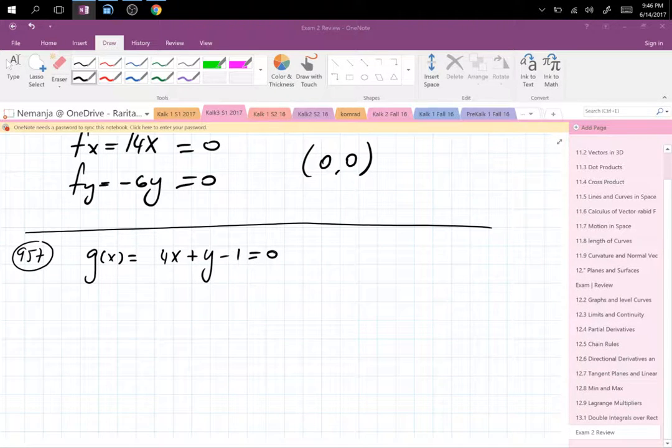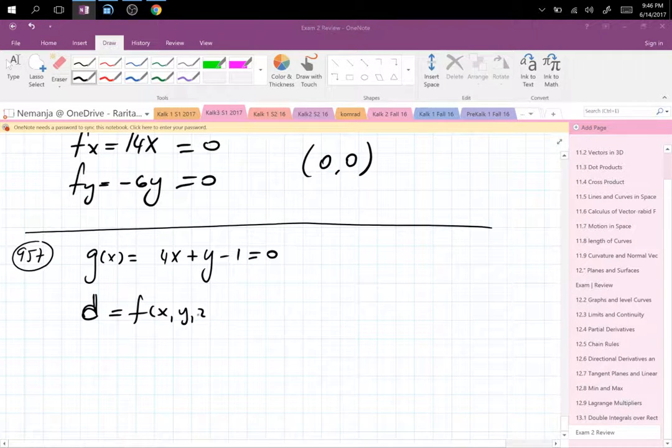And we have a distance formula, which would be distance equals f of x, y, and z.